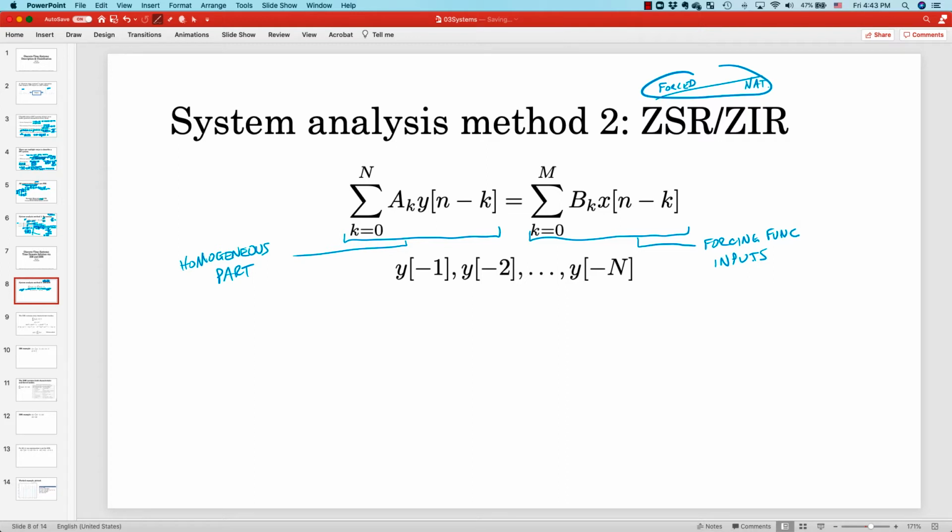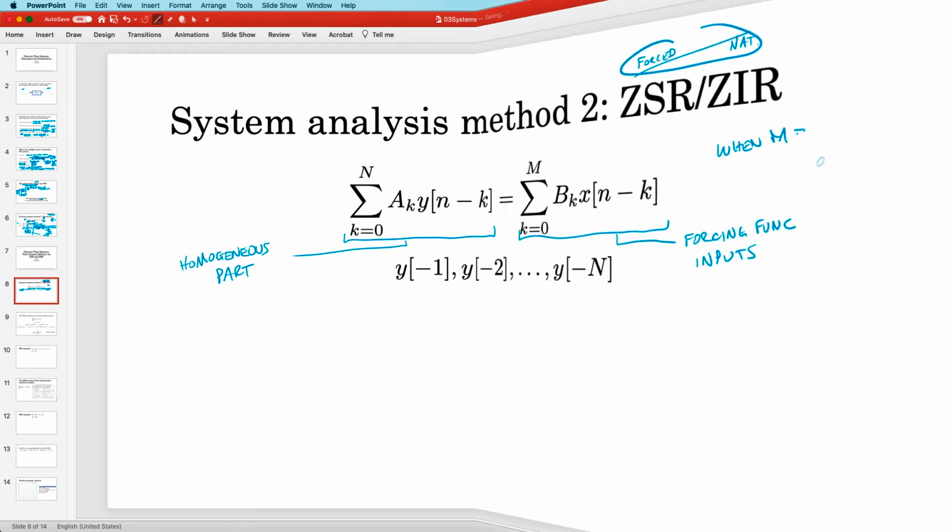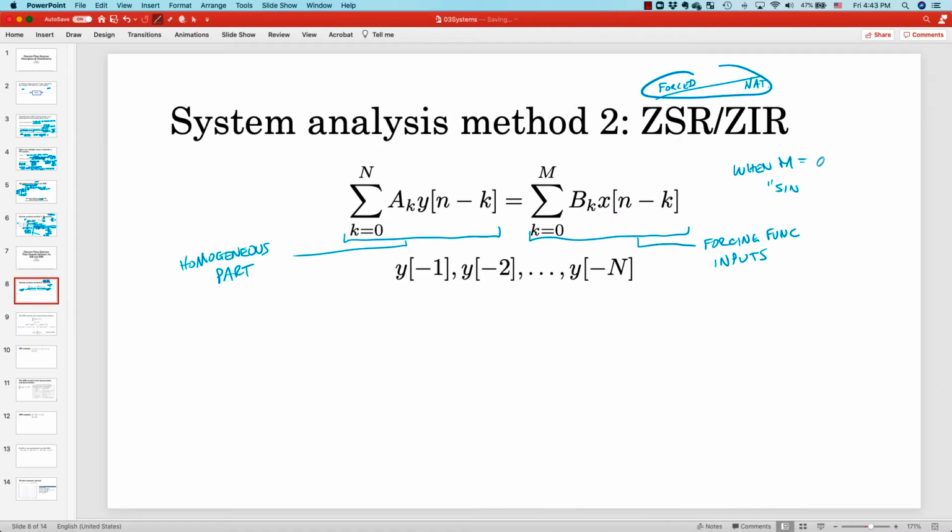And again, you can have arbitrary capital N's and capital M's. When capital M equals 0, we have what's called the single input case. That'll become relevant because our knowledge of superposition will allow us to generalize, solving just the M equals 0 case, and then allow us to use time invariance and linearity to solve for more general cases.